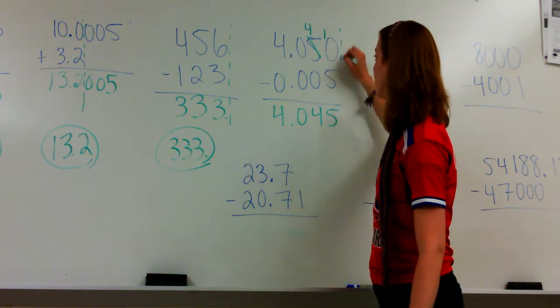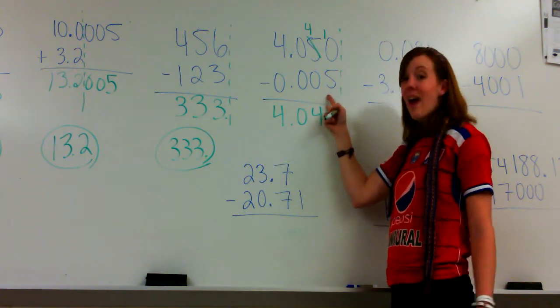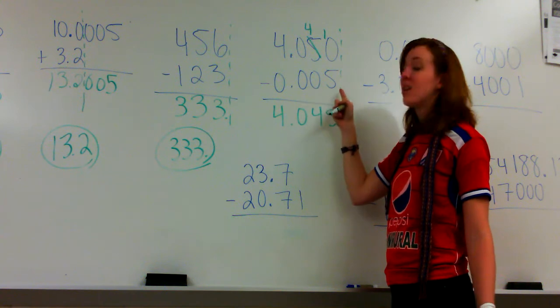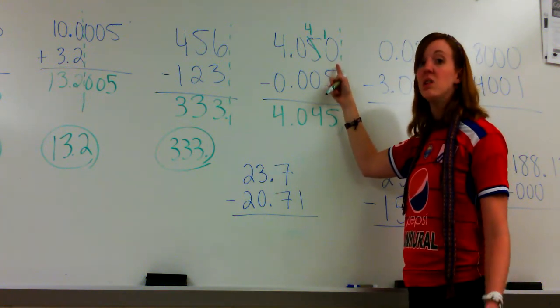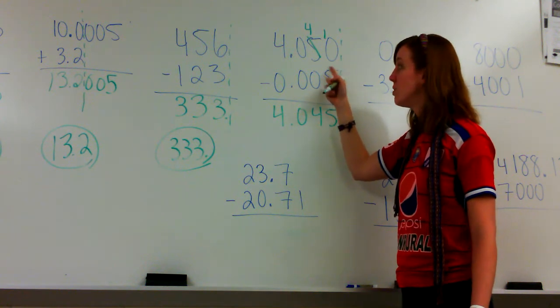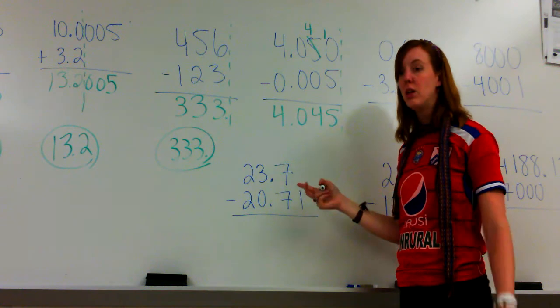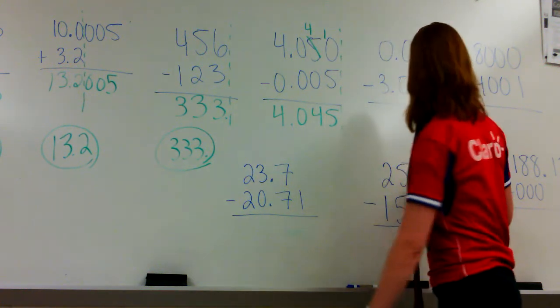Lucky for me, they are both significant all the way to the last digit. This only has one significant digit, but it's in the tens, hundreds, thousandths place. This 0 at the end is also significant because zeros at the end of a number with a decimal are significant, so they are both significant up to the hundredths place.